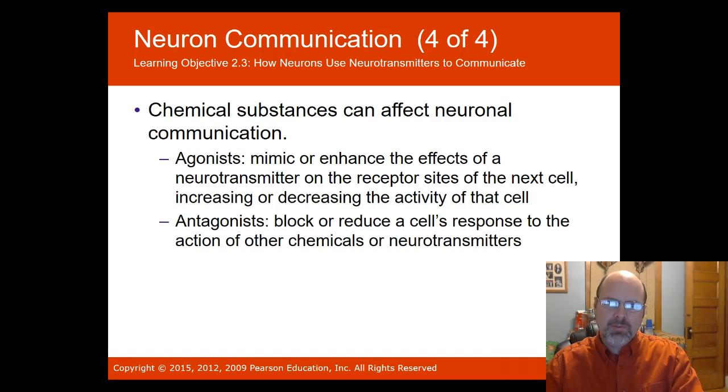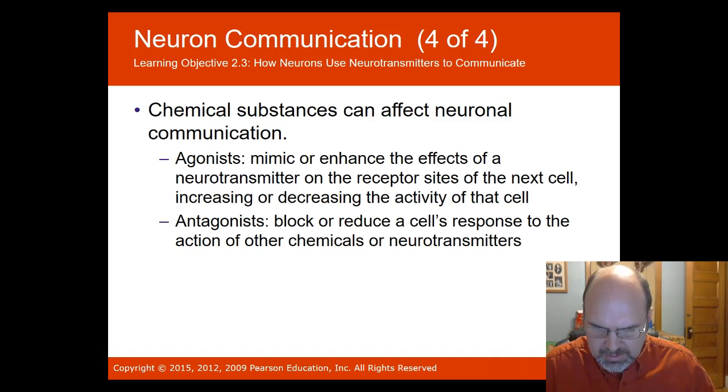Now, chemical substances can affect neuronal communication. Agonists mimic or enhance the effects of a neurotransmitter on a receptor site of the next cell, increasing or decreasing the activity of that cell. To get an idea of an agonist, black widow venom can mimic or enhance the effects of neurotransmitters.